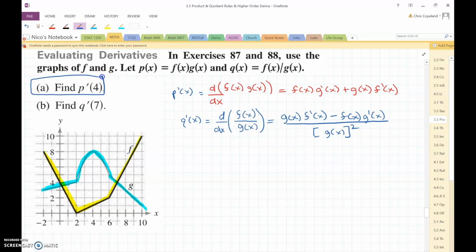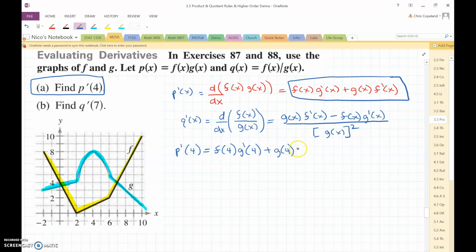So looking at a, we want to find p prime of 4. So p prime of 4, we're going to use this. So we're going to use f of 4 times g prime of 4 plus g of 4 times f prime of 4.